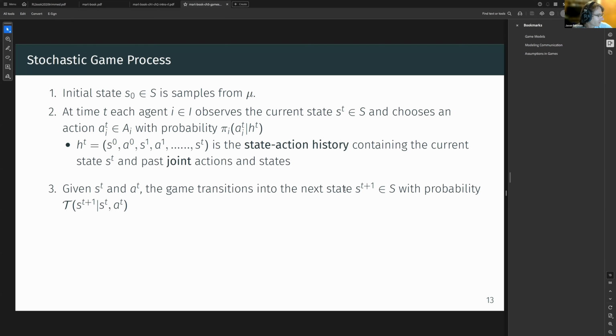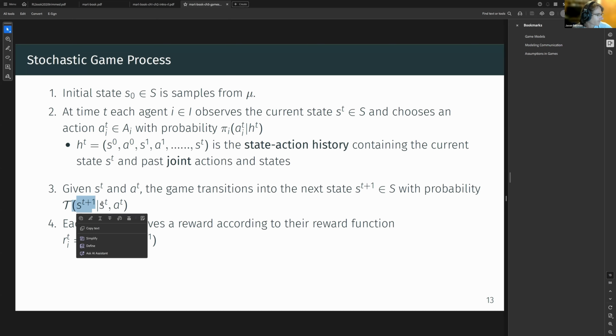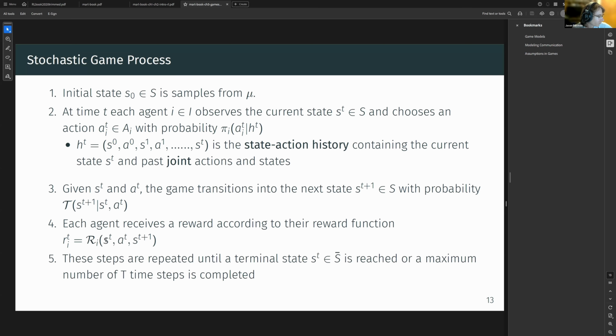So we have the state-action history. The transition function will produce a transition to the next state given the current state and the current joint action. And then there's the reward function, which now depends on the current state-action pair, as well as the transition state.